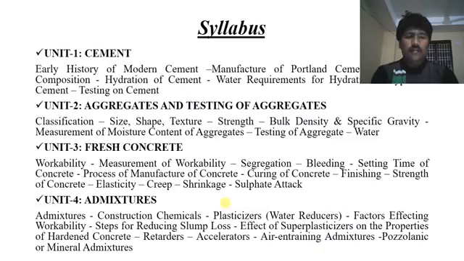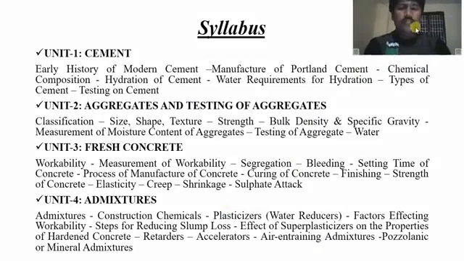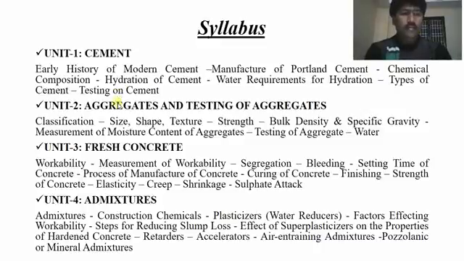In the last lecture, I covered mainly the history of modern cement, the manufacturing of Portland cement and its chemical composition.